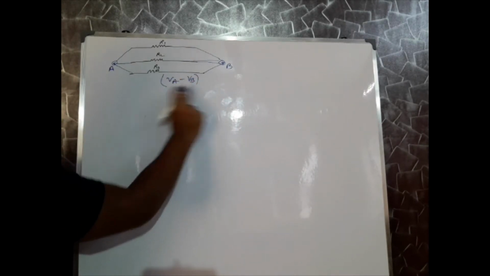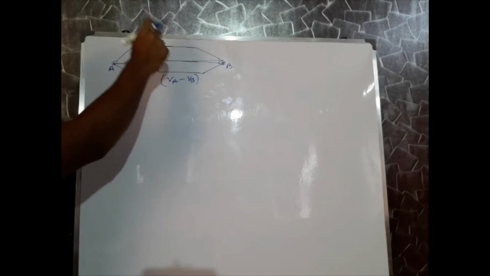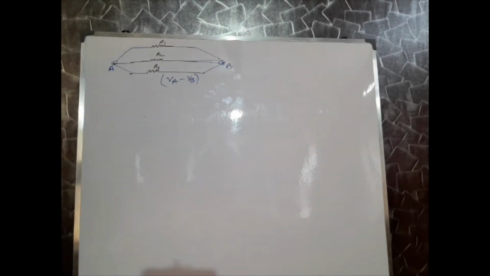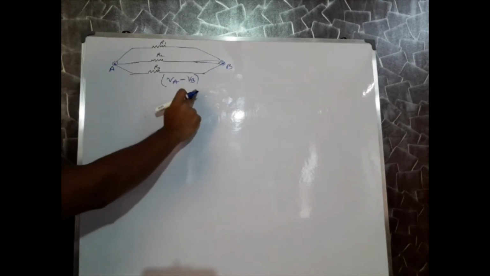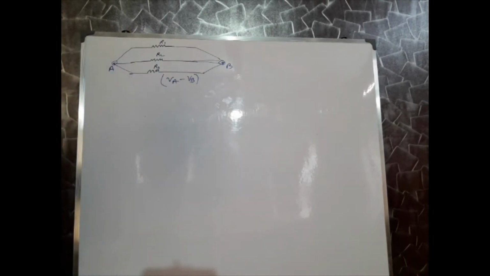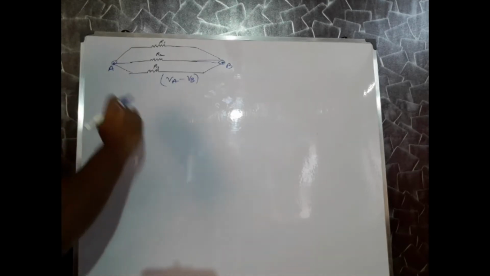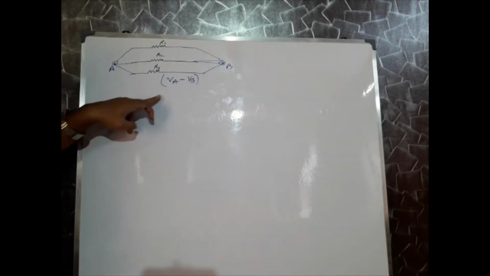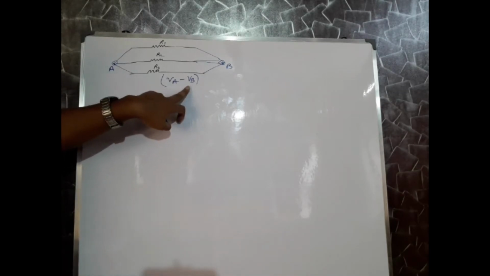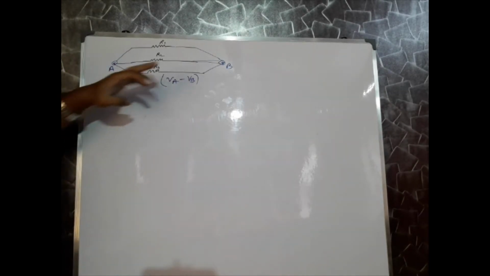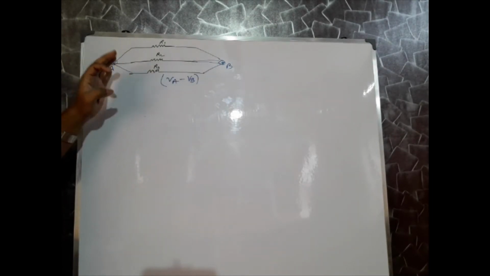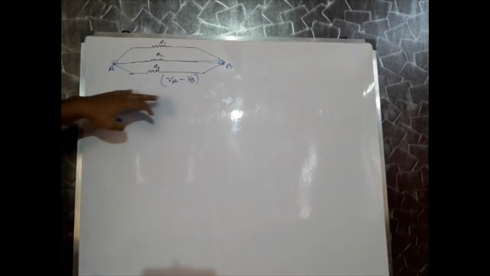And this VA minus VB is the same for each resistor, R1, R2, R3. And that is the basic difference. For the series combination, the potential difference for each resistor is different. But here, for the parallel one, the voltage difference is equal, VA minus VB. That is the voltage difference of the entire circuit, A, B. The potential difference between A and B is equal to VA minus VB.